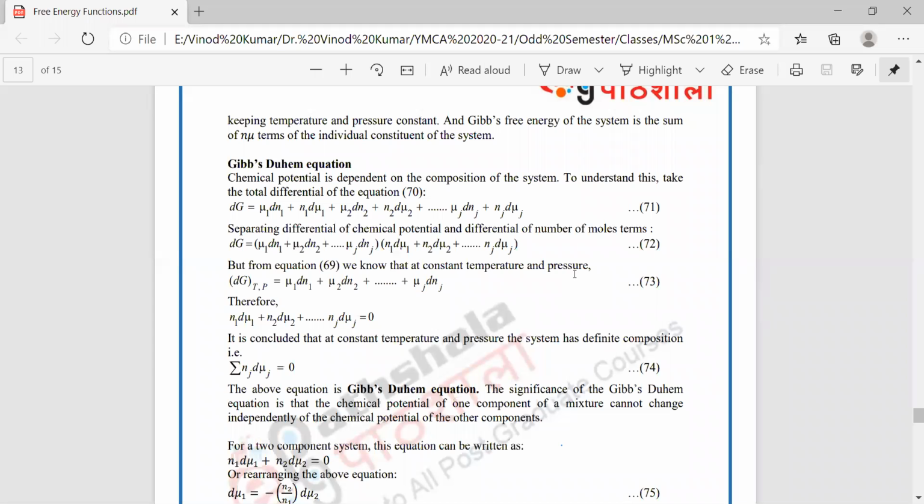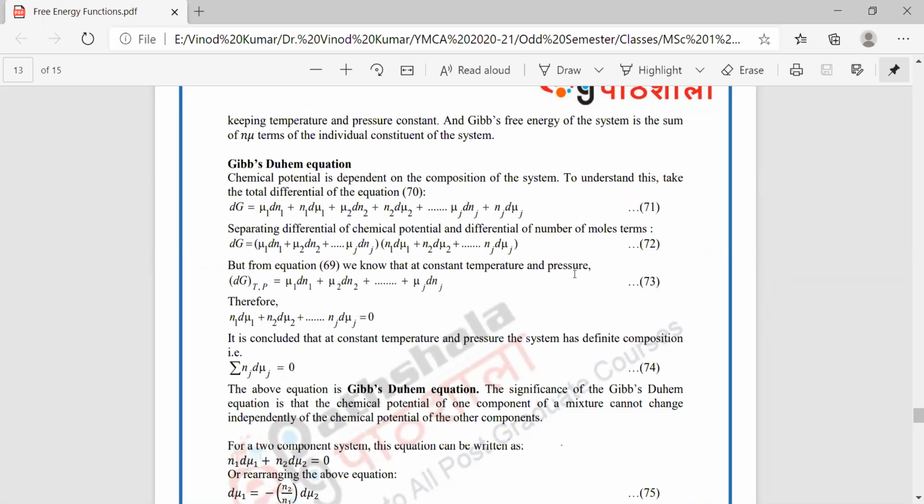These terms are due to the differential of the number of moles. Plus, equation number 72, this was written wrongly; we will have a plus sign between these two brackets. So plus another term, equal to n1 d mu1 plus n2 d mu2 plus n3 d mu3, like this, nj d mu j.